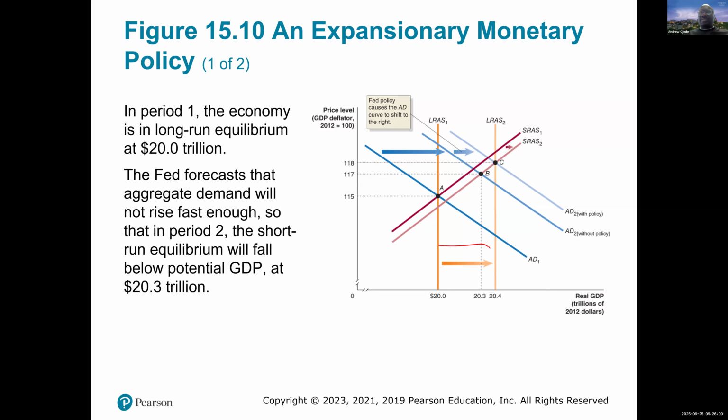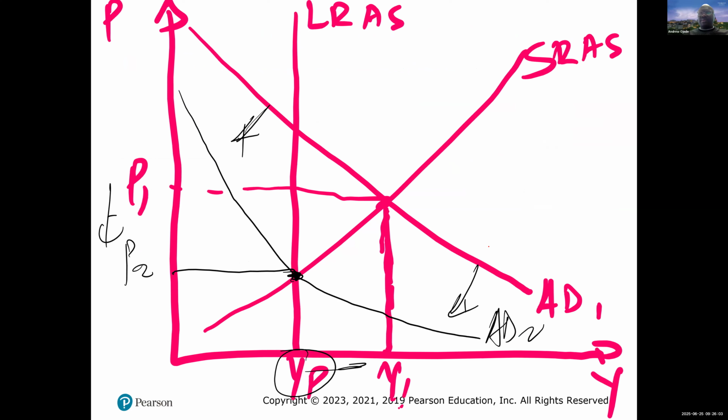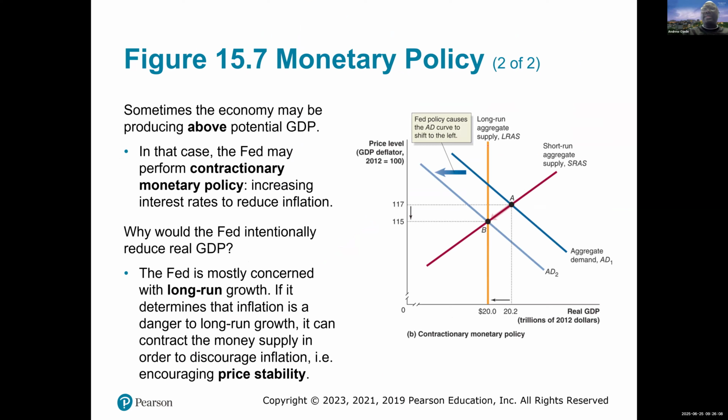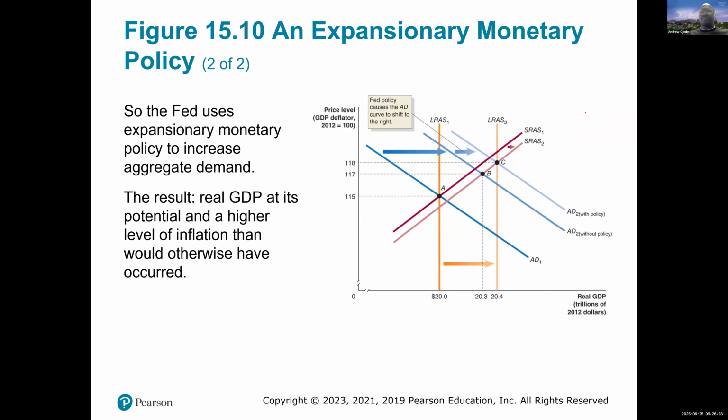The model that we just presented is what we call a static model, where we hold the long run aggregate supply curve constant. You notice that yellow line never shifts. It always stays constant. That's a static model framework. The one where we allow the possibility for the long run to shift is a dynamic model, which is here. See, the yellow line is shifting, the short run is shifting, and the aggregate demand curve is shifting. So it becomes complex.